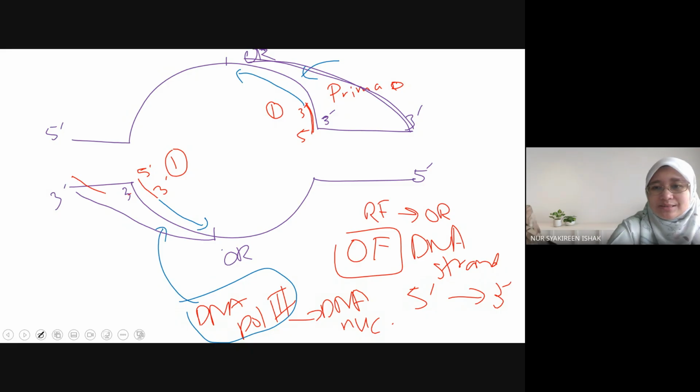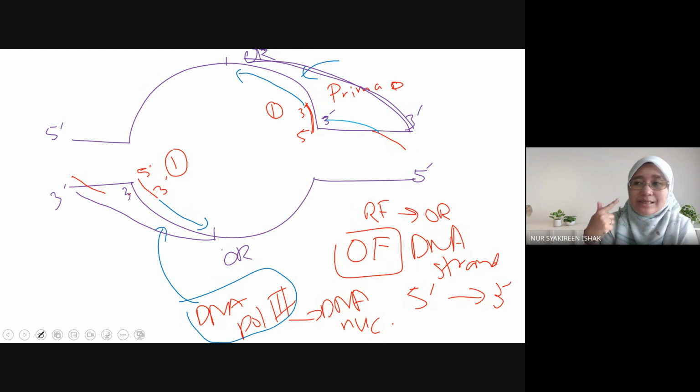You are going to synthesize the primer for the Okazaki fragment yang kedua. Synthesize lah, kan. From replication forks towards the origin of replication. Itulah kaitannya antara kenapa Okazaki fragment tu kena ada primer. Sebab Okazaki fragment tu is the DNA strand that is synthesized according to the template.